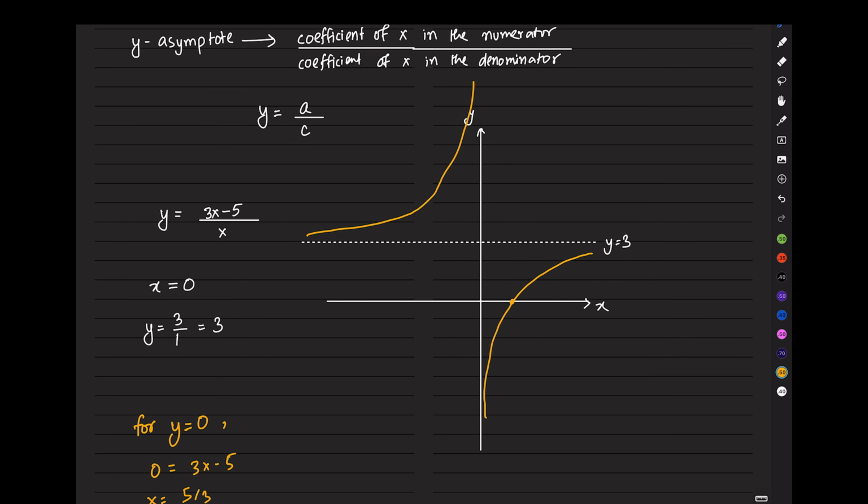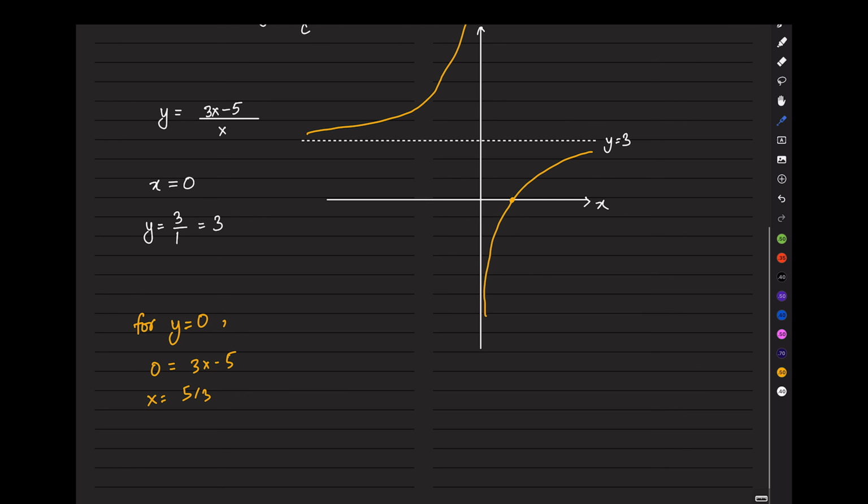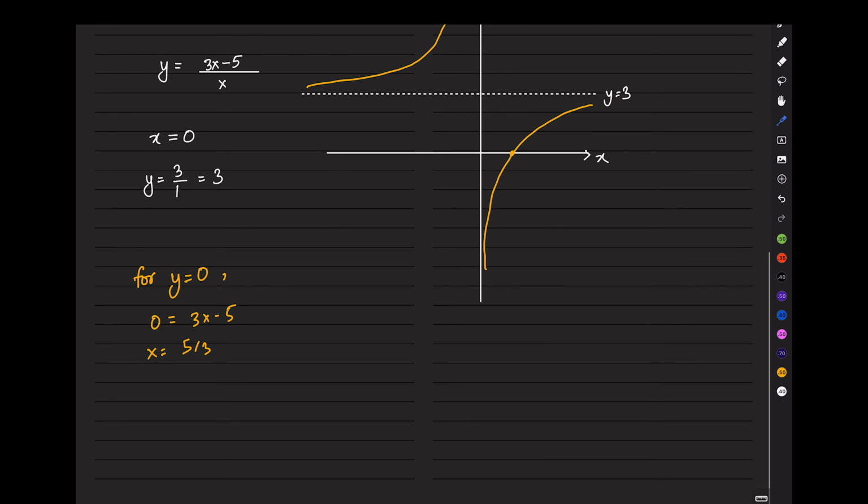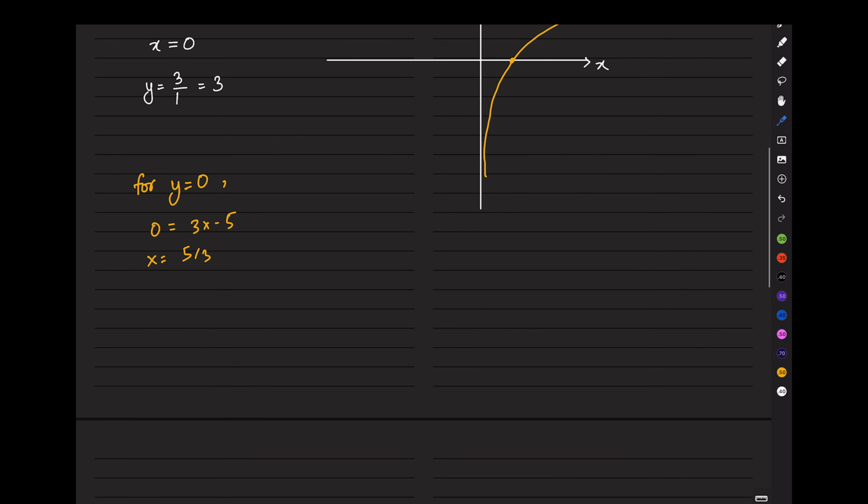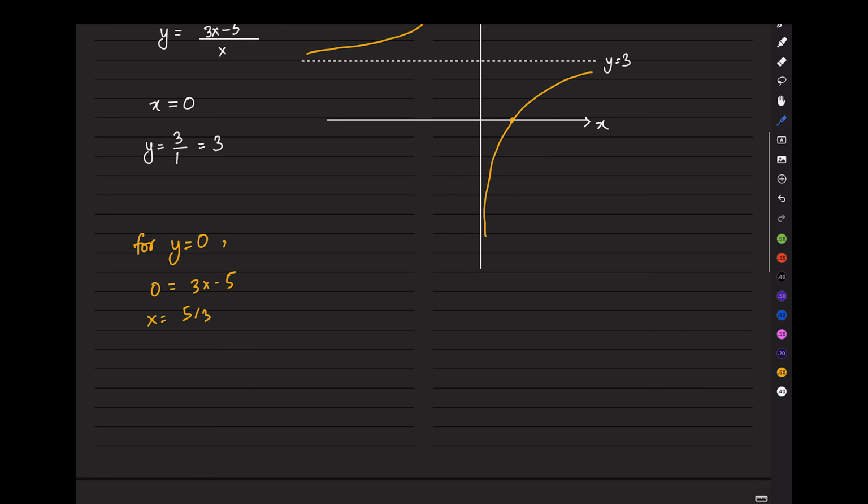And for the sake of example, if the value of x right here came out to be, let's say, negative 1 over 3, it would have been somewhere around here. Then the shape would have been like this.